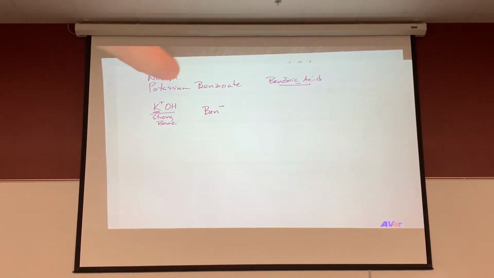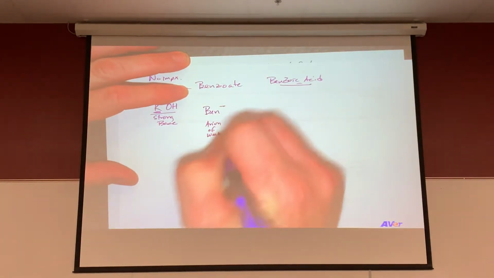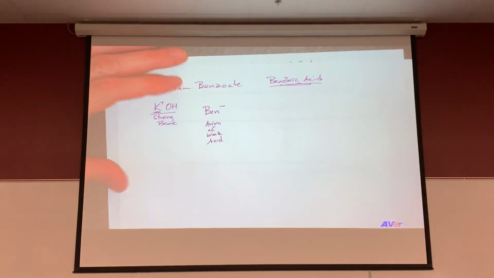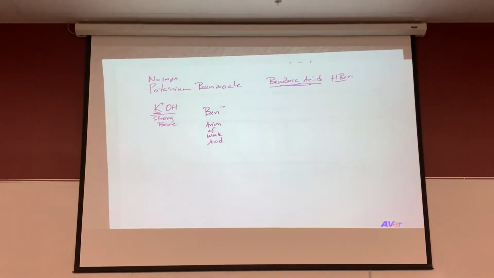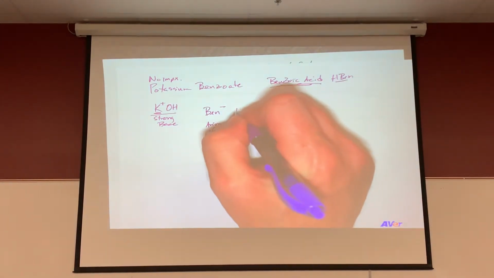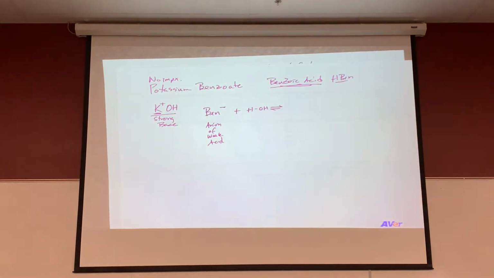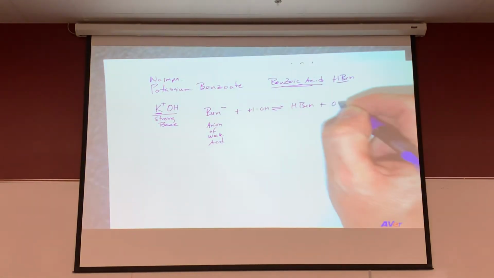You need to recognize that in an acid-base question, it is the anion of a weak acid, and benzoic acid is the conjugate acid, H-Ben. Then if you're writing the equation, benzoate ion reacts with water, HOH. What's produced? Back to benzoic acid and OH minus.